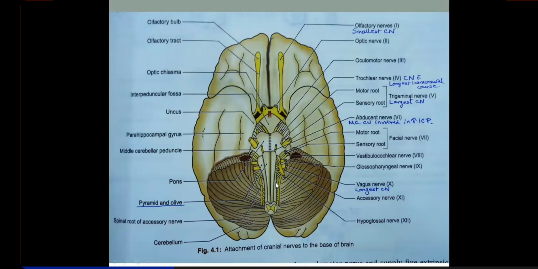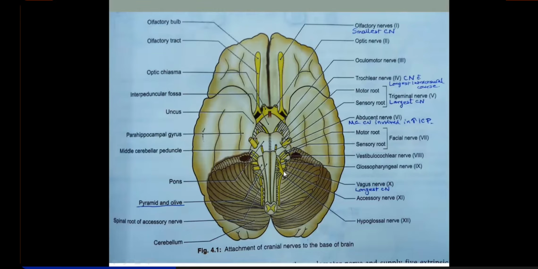So the 11th cranial nerve has its rootlets emerging from the spinal cord as well. This spinal root of accessory will ascend in the cranium and join the cranial portion of the accessory nerve, and that is called the accessory nerve.